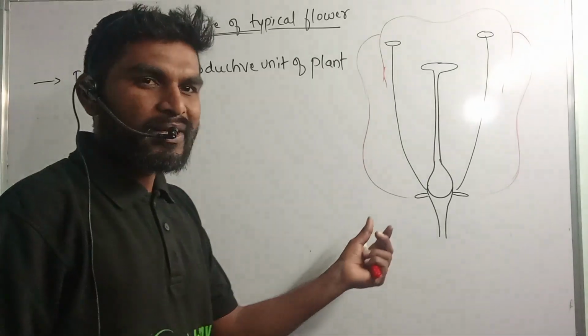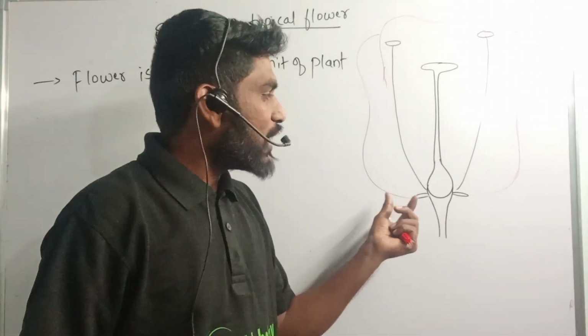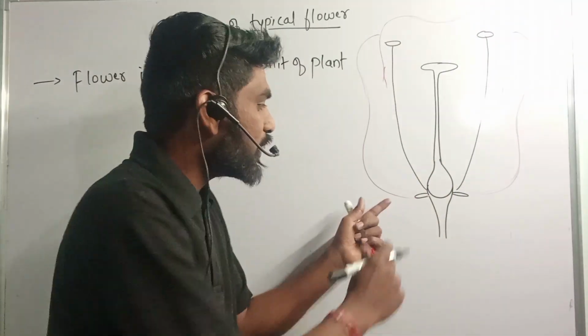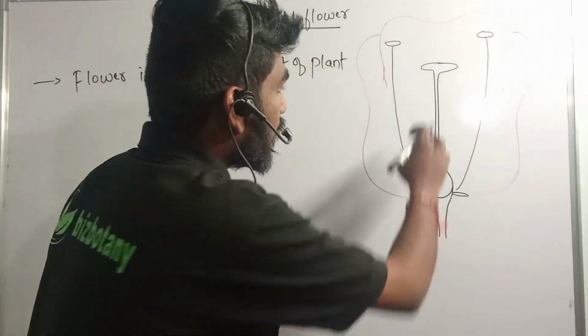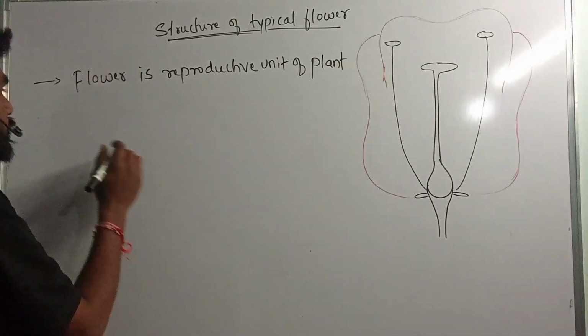So this typical flower consists of four whorls. They are calyx, corolla, androecium and gynoecium. This part is the gynoecium part.